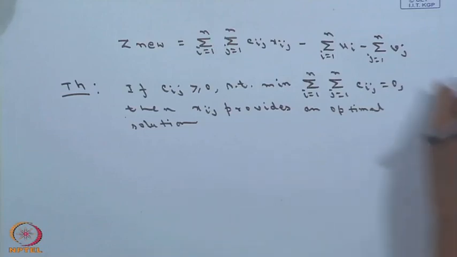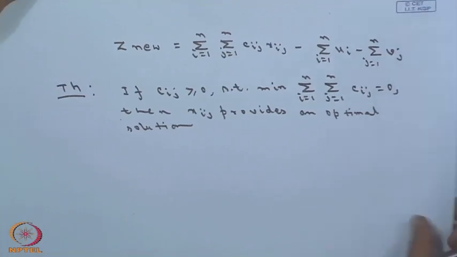So basically, using these two theorems, we can proceed to the optimality checking, or finding the optimal solution, of the assignment problem.